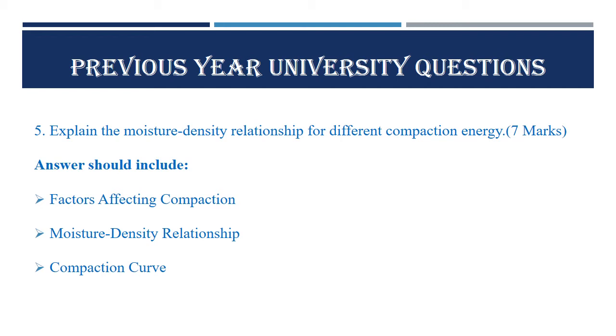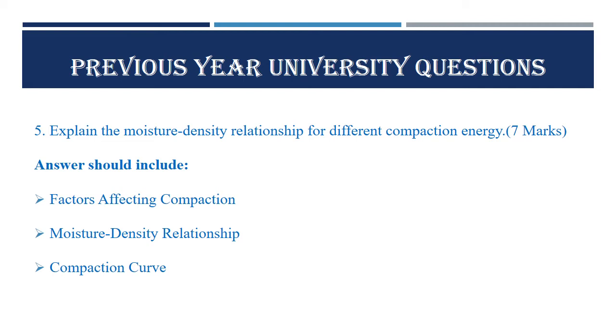So, for this question, you have to answer what is compaction. List out which are the factors affecting compaction. Then state what is moisture density relationship and state the importance of moisture density relationship by plotting a compaction curve, and explain the moisture density relationship for different compaction energy.